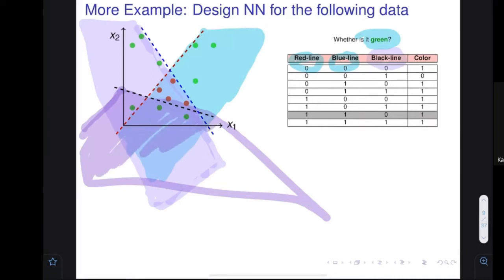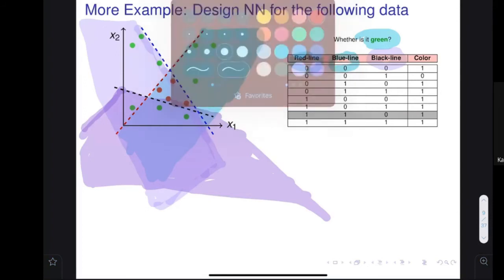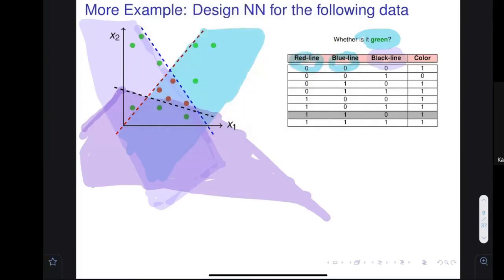Am I right? If I ask you that if all these conditions are specified, then what is the area in which all these things are satisfied? What is that particular area? Now it is an important part that the area represented by 0 0 0 means it is below the red line, below the blue line, below the black line.